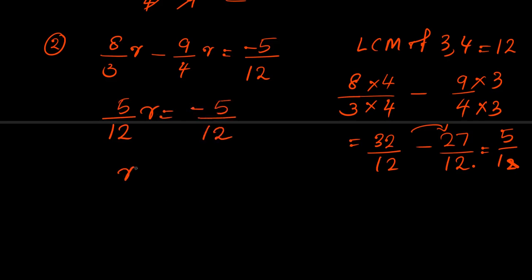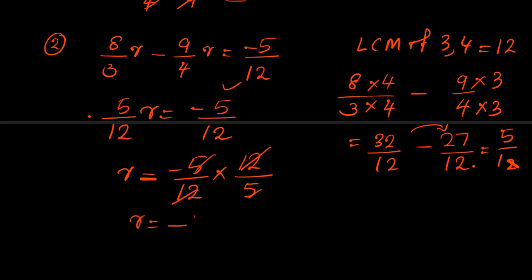Then how can we find r? r is equal to negative 5 over 12 times the reciprocal of this coefficient, 12 over 5. This will cancel out, this will cancel out. You have a negative sign here, so r is equal to negative 1 is the answer.